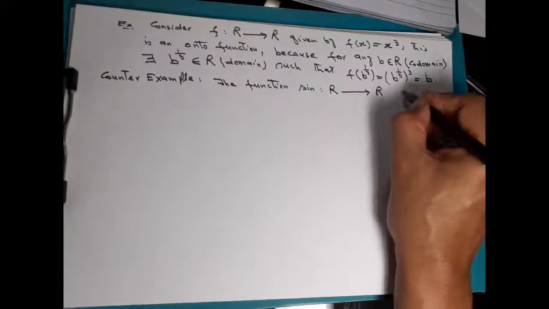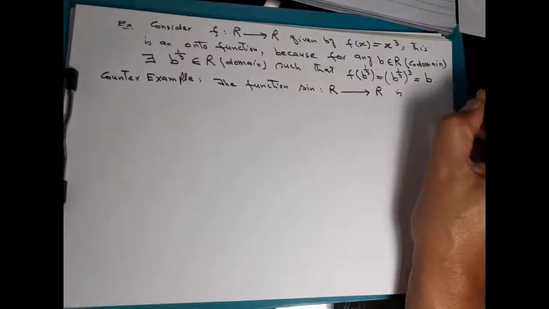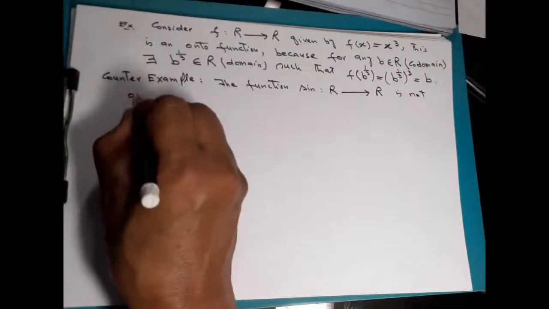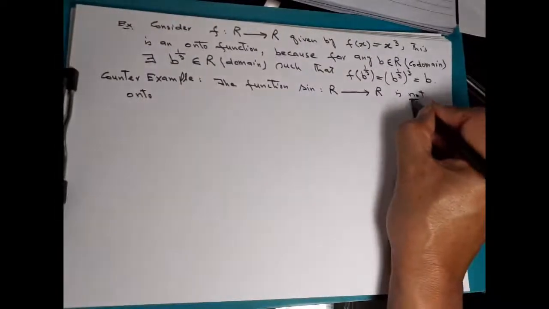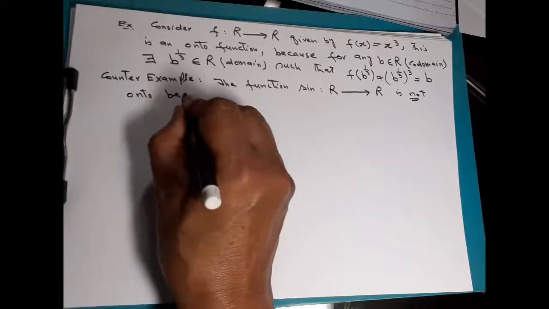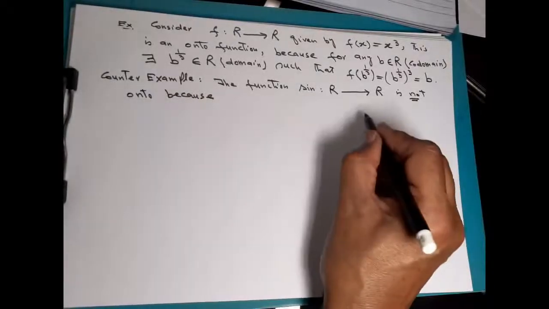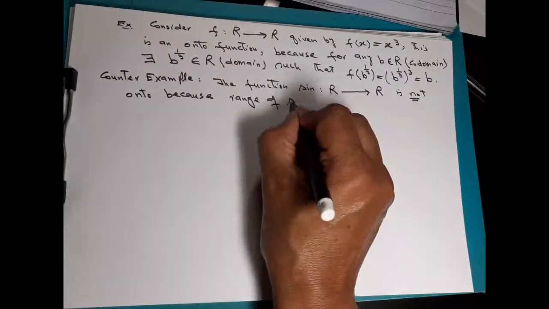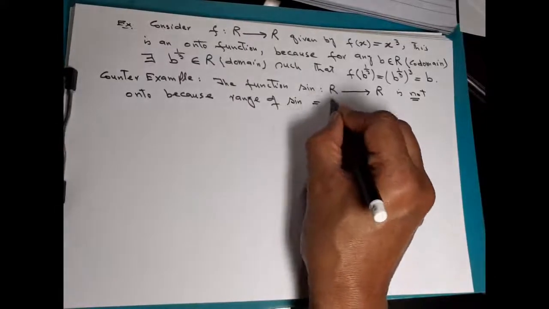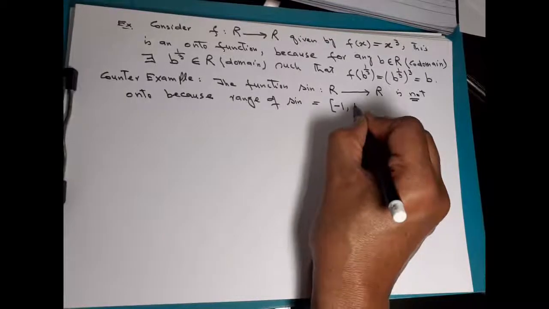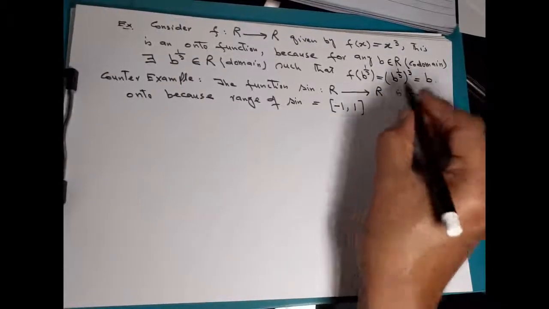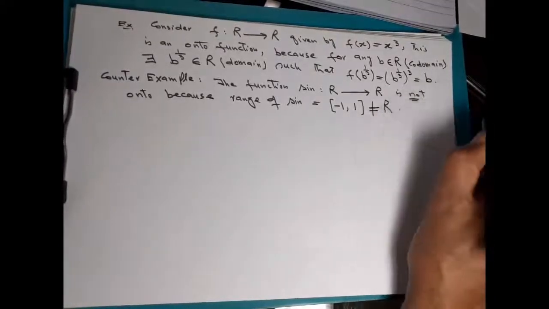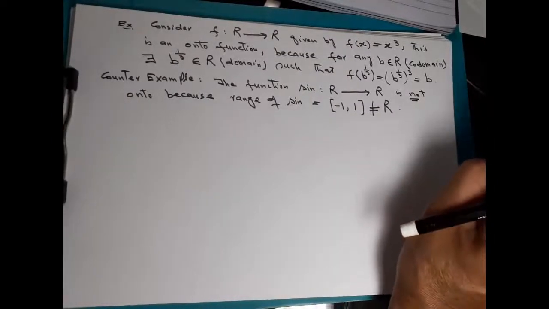This function is not onto because we know that range of sine function is equal to this closed interval from -1 to 1, and this closed interval is not equal to R, which is the codomain. So sine function is not onto function.